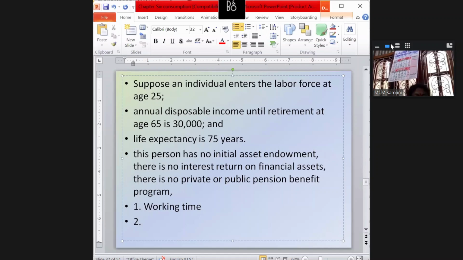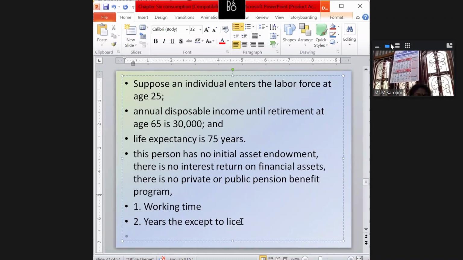Second one, expected number of years to live.